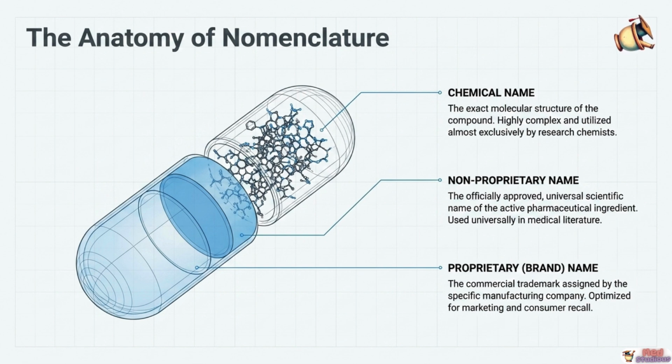It is highly complex, often running to 40 or 50 characters, and is utilized almost exclusively by research chemists, pharmaceutical manufacturers, and patent lawyers. It appears nowhere on a clinical prescription.